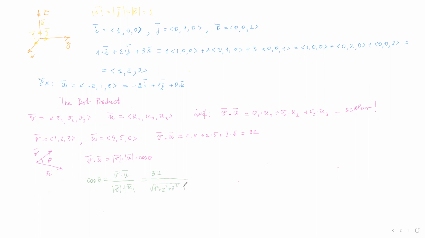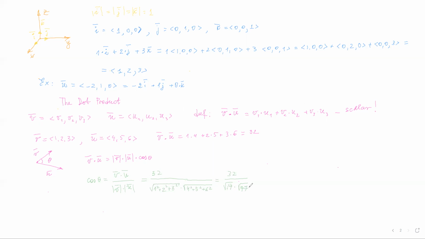And the length of vector u is likewise the square root of the sum of the squares of each component. So we are going to have 32 over square root of 14 and square root of 77. Well, it's not the angle yet, right? It's going to be cosine of the angle.